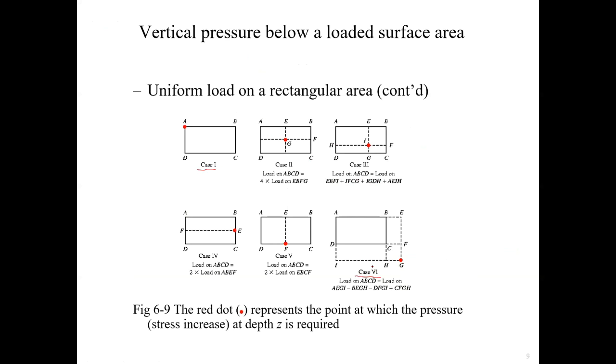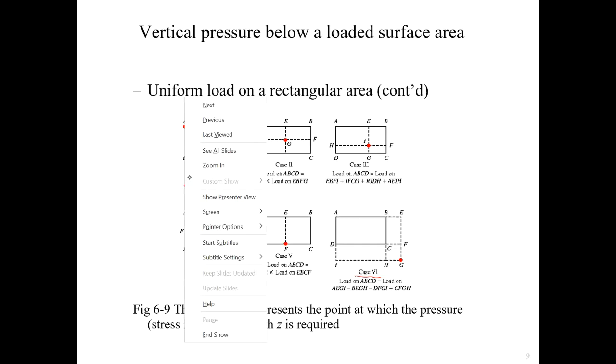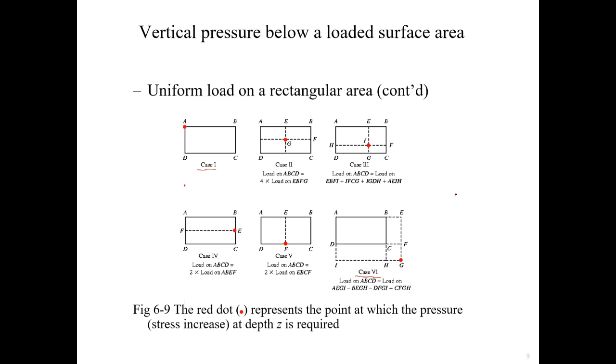The red dot represents the point at which the stress increase at depth Z is required. Z is somewhere below the ground, but we project that Z point upward to point A, so it's aligned with point A. It's the same for the other scenarios.